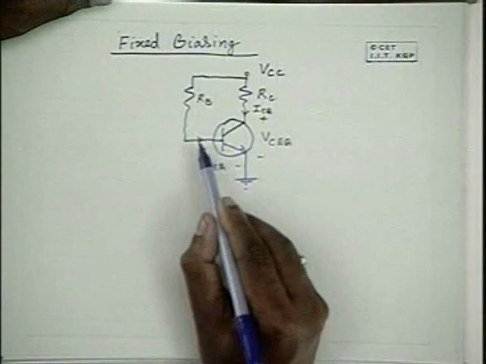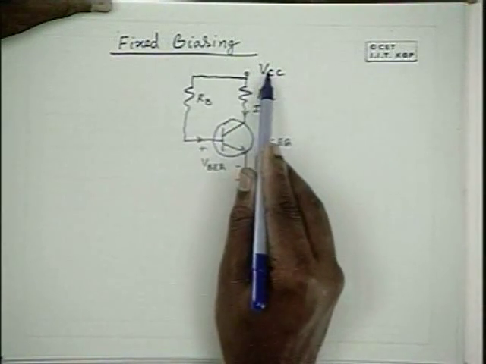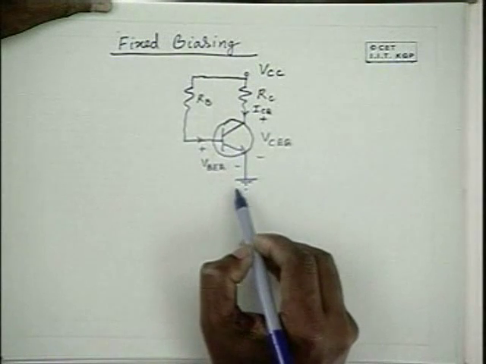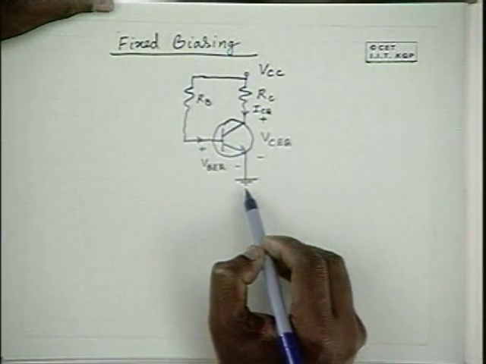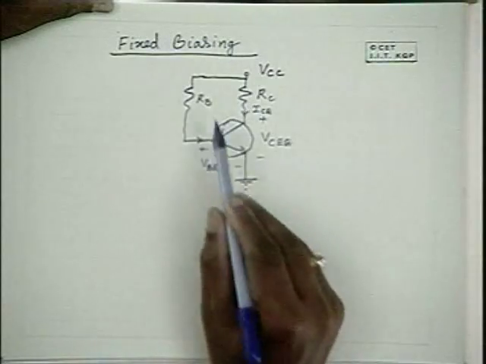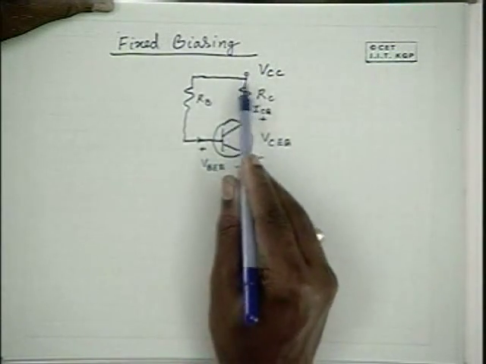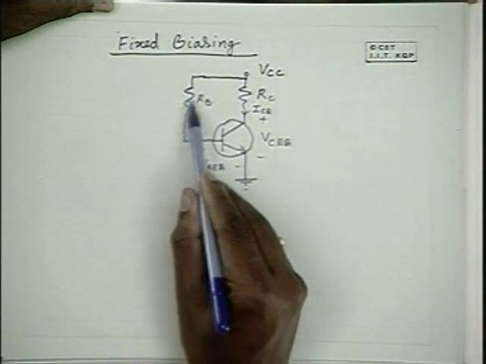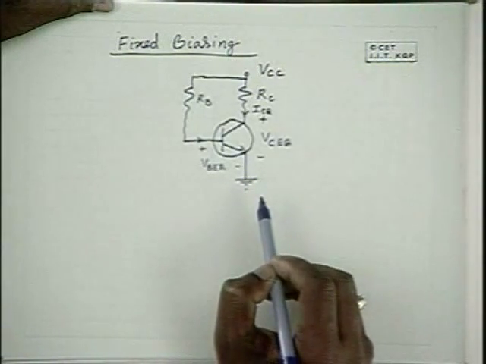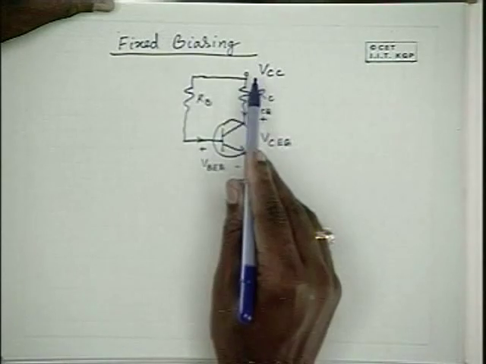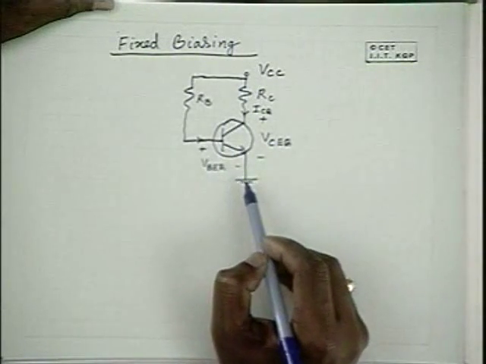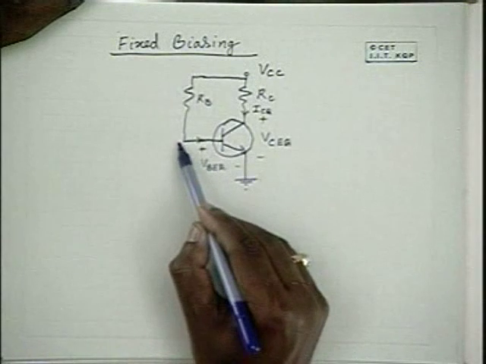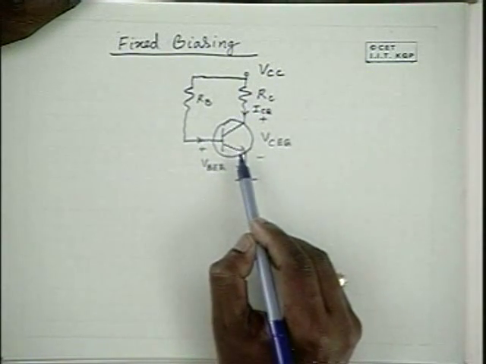Now, this is a positive supply applied through a resistance to the base emitter junction. So you are applying a positive potential to the base emitter junction through this resistance. If VCC is greater than 0.7 volts, certainly it is going to drive some current into the base emitter junction.